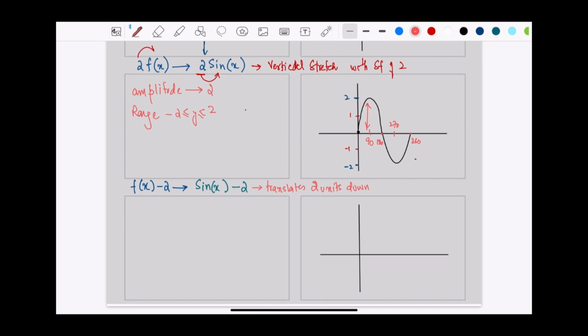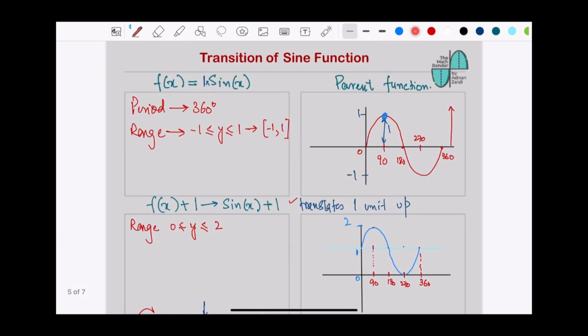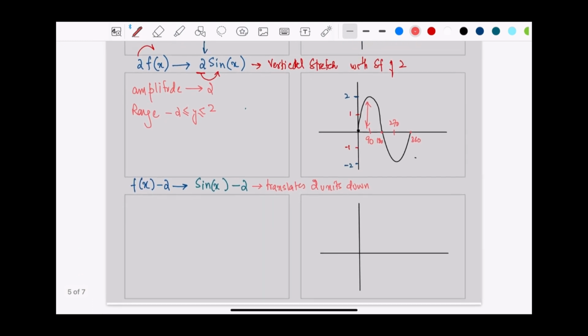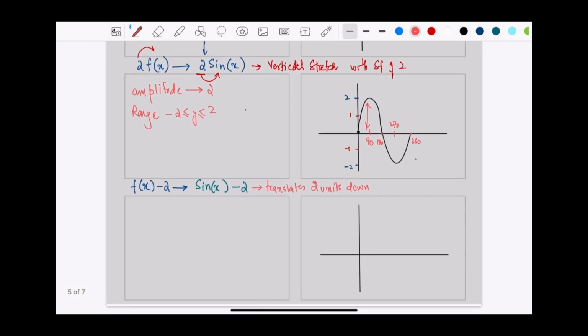And as you can see, the original function has its peaks at 1 and negative 1. So by moving it 2 units downward, that highest point which was at 1 is now going to move to negative 1. So I'll shift the axis here, and let's draw another reference line here. And now you can see that the curve will look like this.